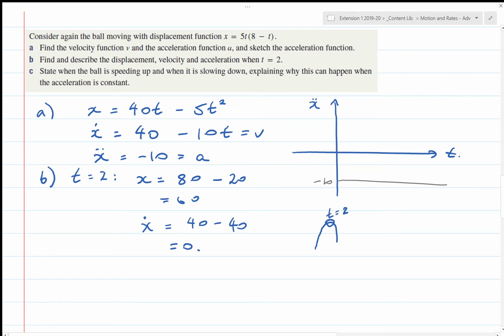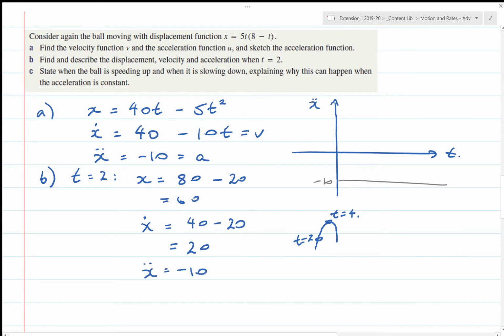Oh, oops, sorry. So velocity is positive, so it's heading up, okay. So it might be here. So t equals 4, it turns out would have been the top of the motion because velocity was 0, and then x double dot is always minus 10.